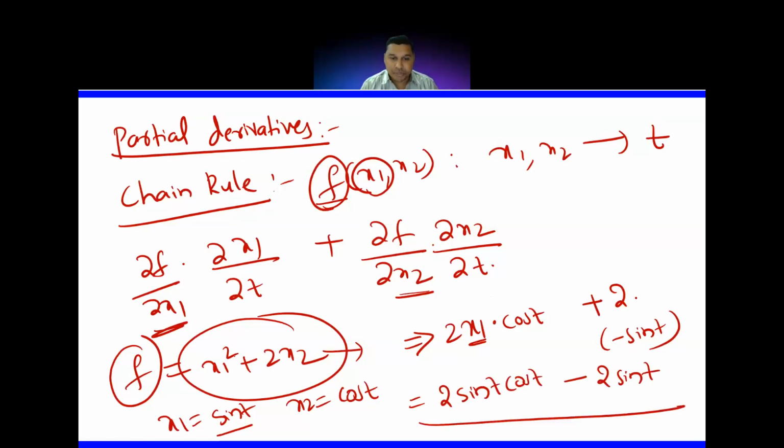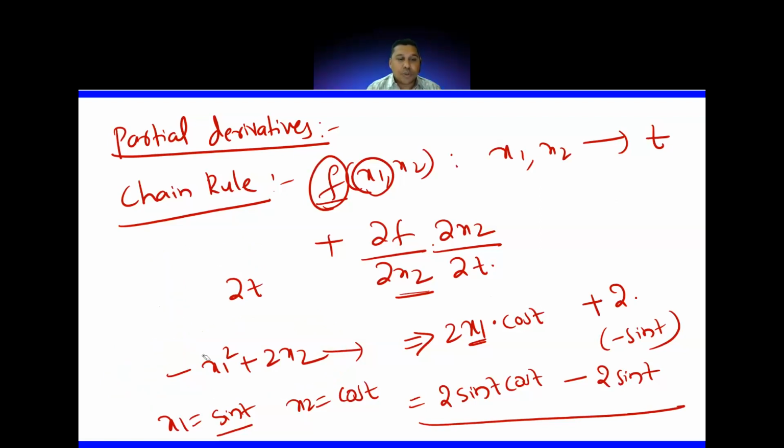So given a function, this is very important. I'll repeat this once again. Chain rule is the base. Actually, we have to study about Jacobian. Before we go for Jacobian, it's very important for us to understand this chain rule.